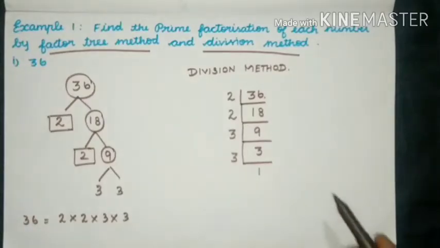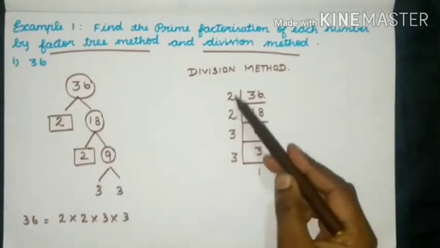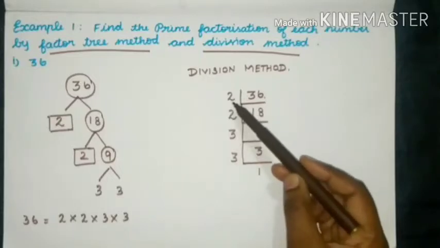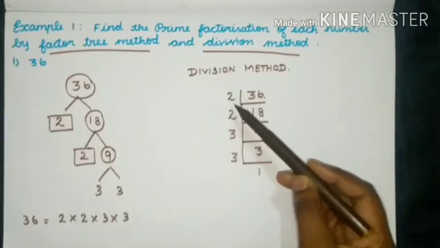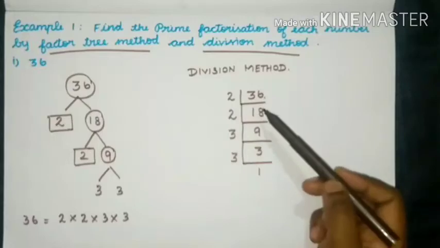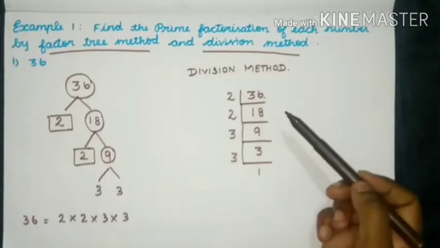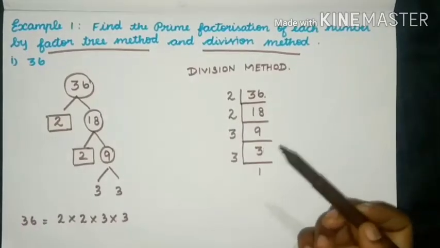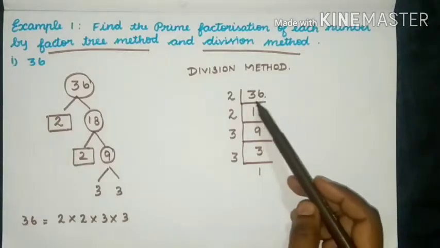Students, keep in mind, you have to take the prime numbers here. If you are choosing directly 18 2s are 36, your answer will be wrong. You have to find the prime factorization for 36 only.